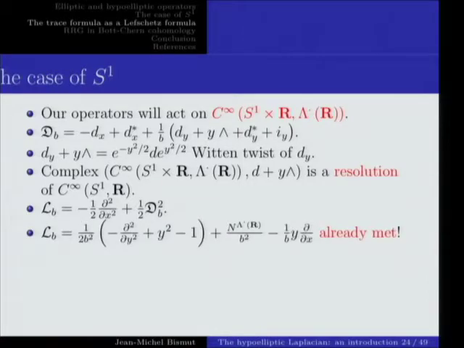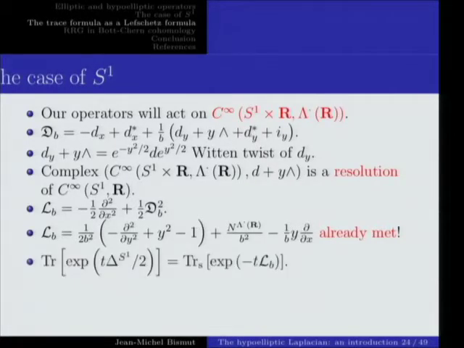So let's look at what the formula is for LB. If we compute LB, we exactly get the original operator I obtained in the case of S1. Again, it comes back like a dream, maybe a nightmare, but you see again appearing the harmonic oscillator variable y here.